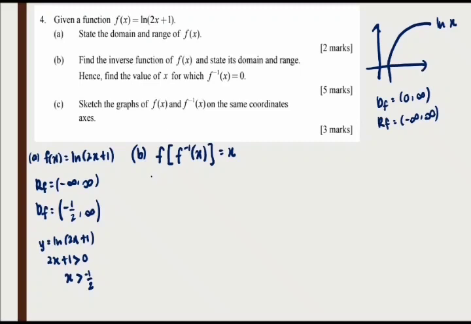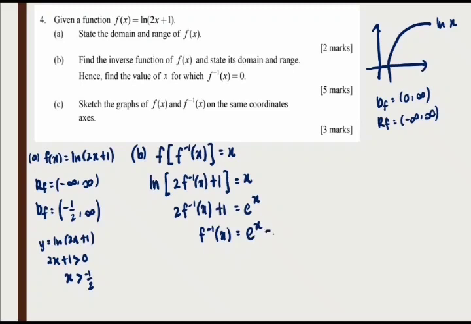So for our function f(x), we have ln, and then we substitute 2 times f inverse of x plus 1, that equals x. Removing the ln, we will have 2 f inverse of x plus 1 equals e to the power x. So to get our f inverse of x, we have e to the power x minus 1, over 2.